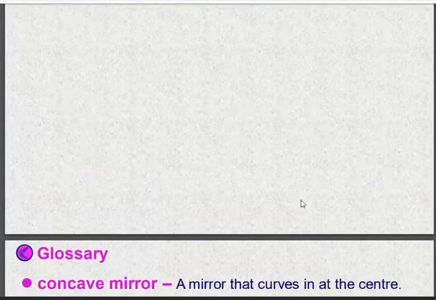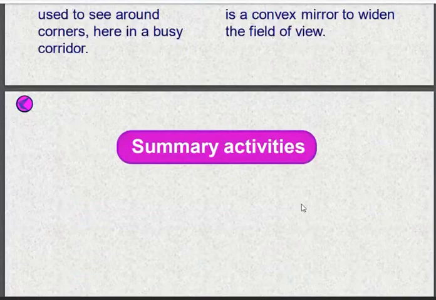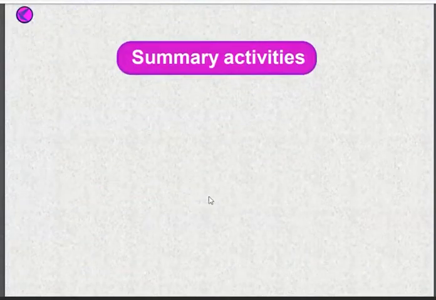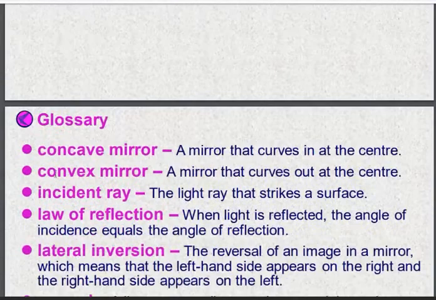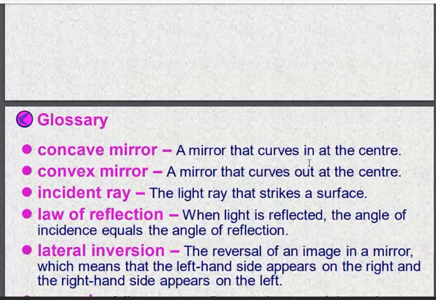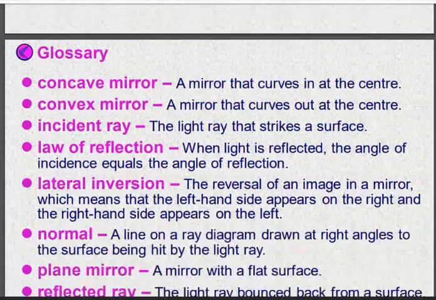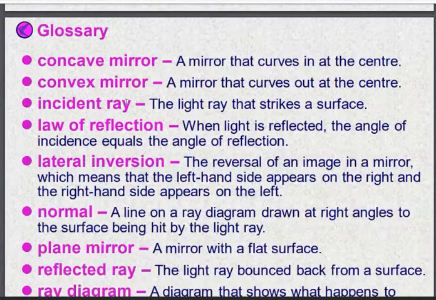After that, let us summarize the activities that we have completed, and here are some glossaries. Concave mirror: a mirror that curves in at the center. Convex mirror: a mirror that curves out at the center. Incident ray: the light ray that strikes the reflecting surface.